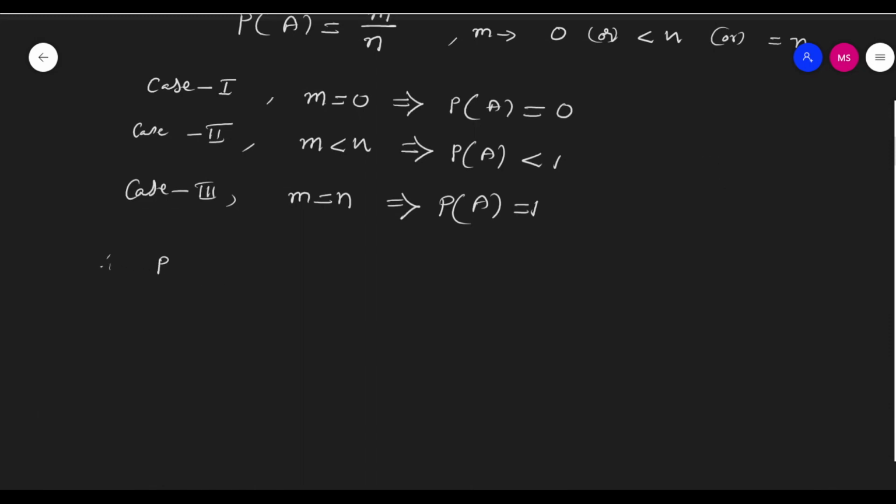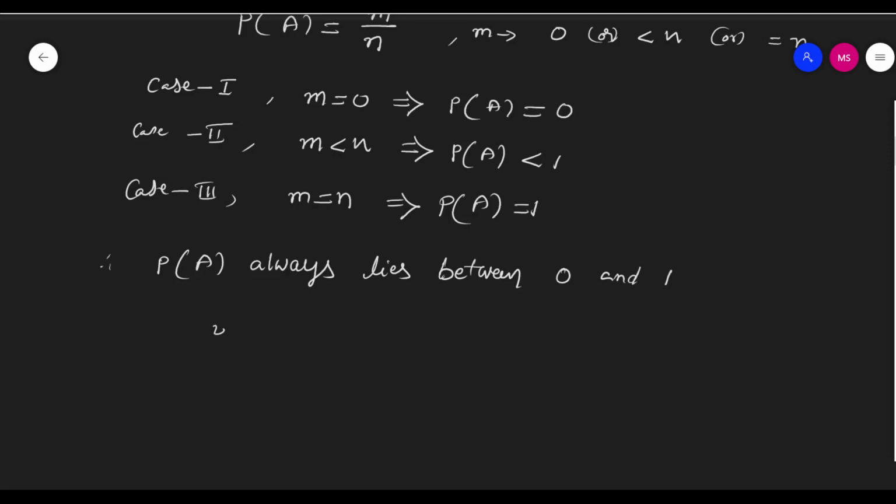Therefore P of A always lies between 0 and 1.